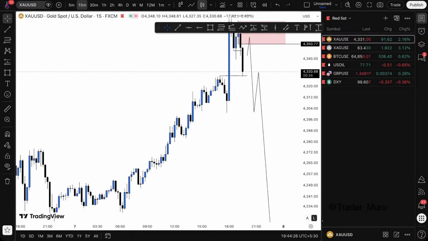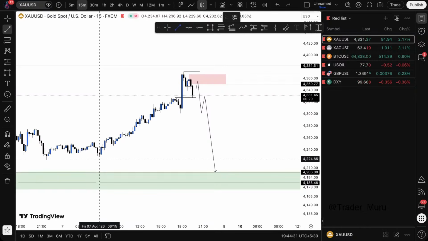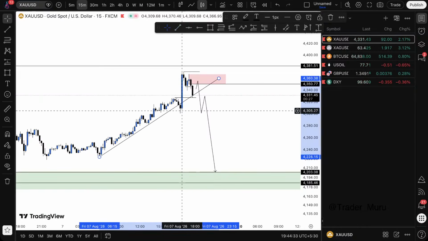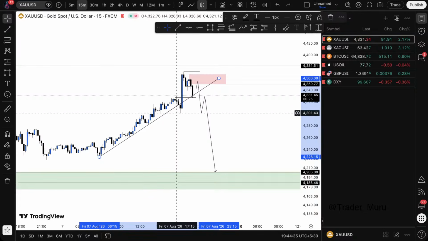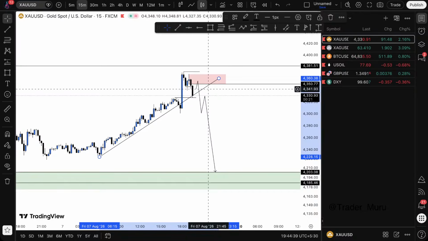Touching trend line. Whether the trend line is already invalid on this liquidity hunt.